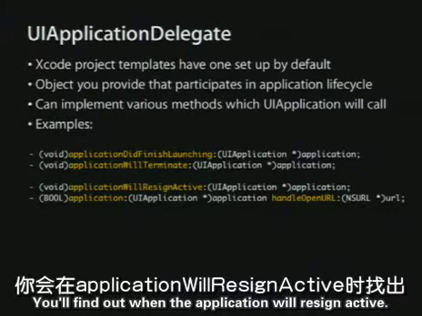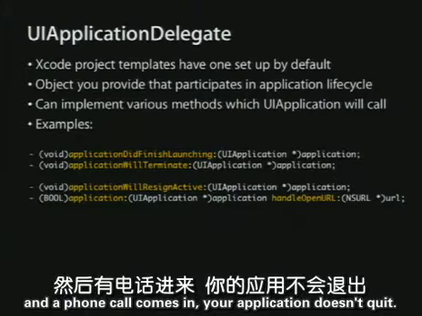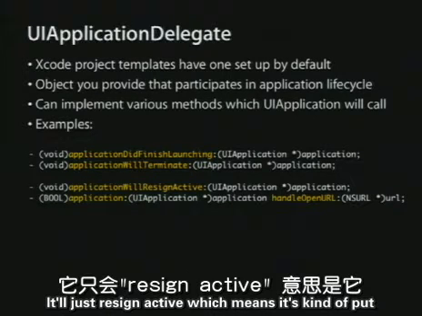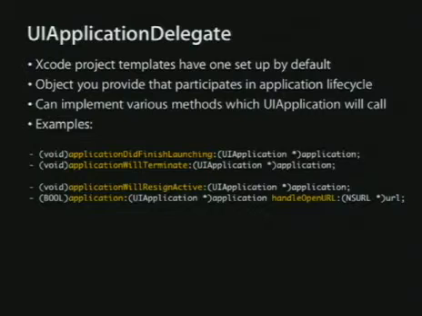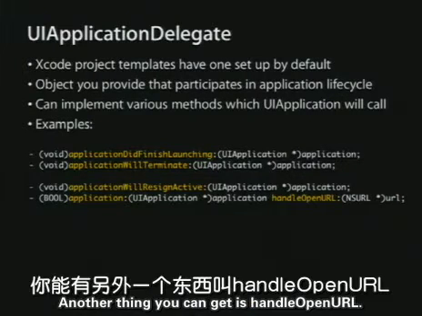You'll find out when the application will resign active. One example of that is if someone's using your application and a phone call comes in, your application doesn't quit, it'll just resign active, which means it's kind of put to the background while the user's on the phone call. Another thing you can get is handle open URL.